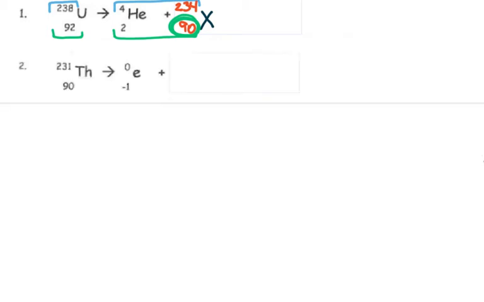In the next question, I have beta negative decay. So in this case, when I have beta negative decay, I'm going to have an antineutrino and a new element. So I will have some element plus the antineutrino. This element will have the atomic number 91, because when they add, they have to add to 90, the number that was before.